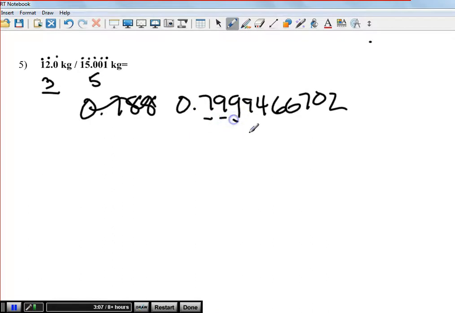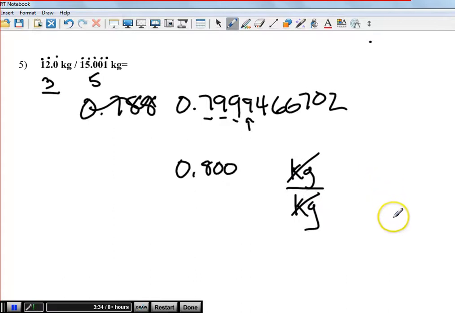This means we round it up to 0.800. Okay, and that's your answer. That has 3 significant figures. Now the last thing we have to make sure we do is put kilograms. Separately, if we have kilograms divided by kilograms, notice that those units cancel out, so this number has no units.